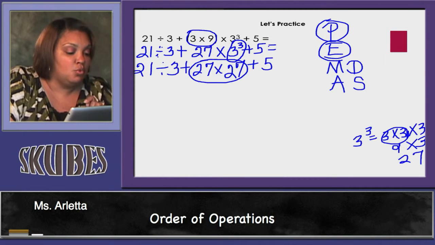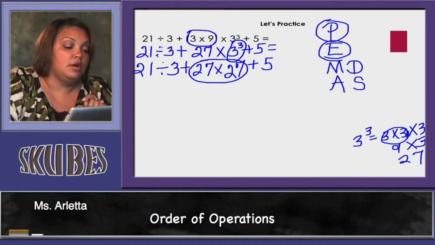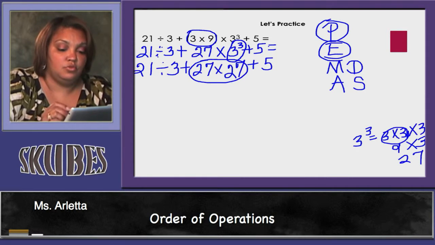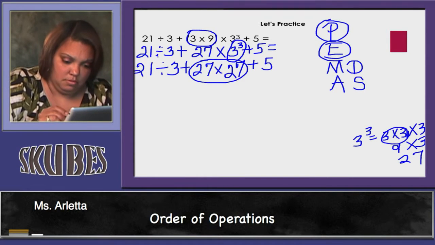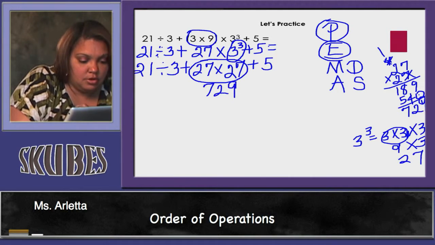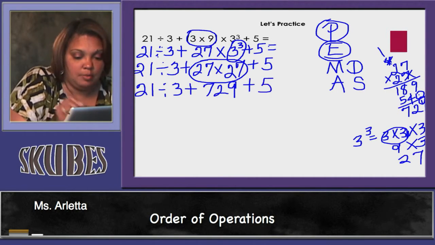If that division symbol was there, then you would divide first because it's on the left side. Okay, 27 times 27. 729 goes underneath. If you notice, the answer always goes up under what you have circled. Everything else you just copy it down.